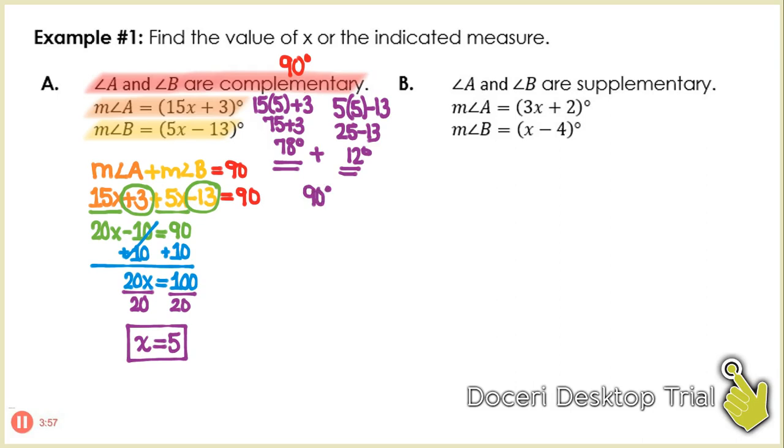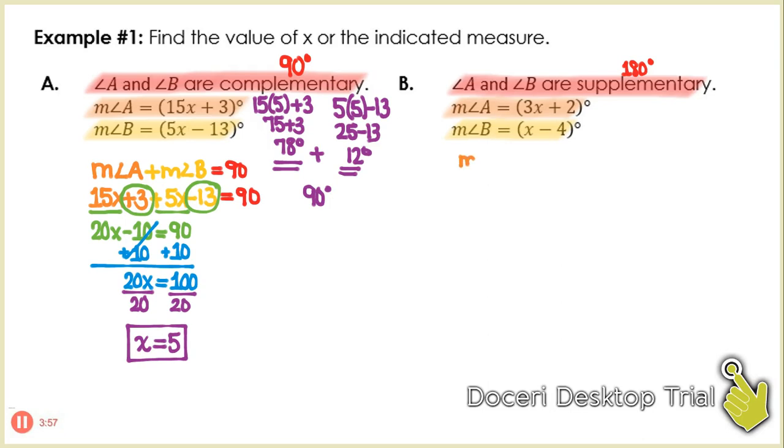And then likewise we're going to do over here, we have the angle A and B this time are supplementary. So instead of adding to 90 degrees, we now know that these two angles are going to add to 180 degrees. And we're going to follow the same process. The measure of angle A plus the measure of angle B is going to add up to be 180 degrees.